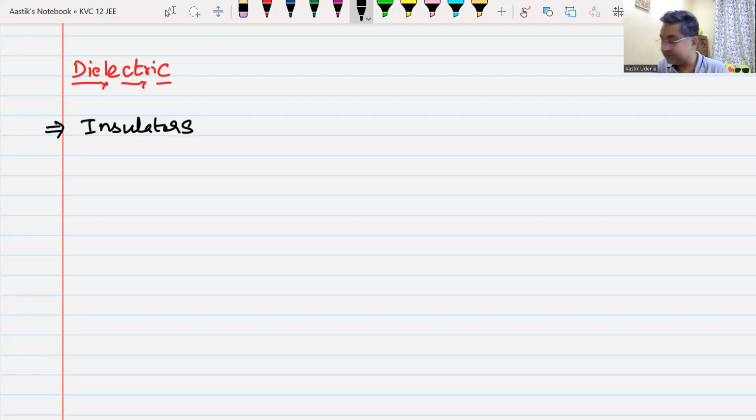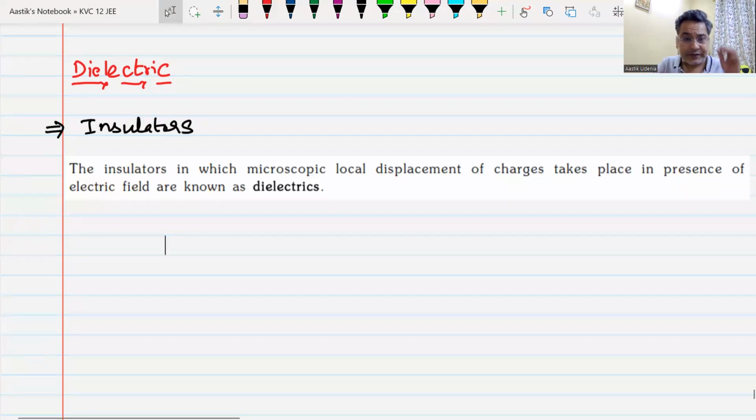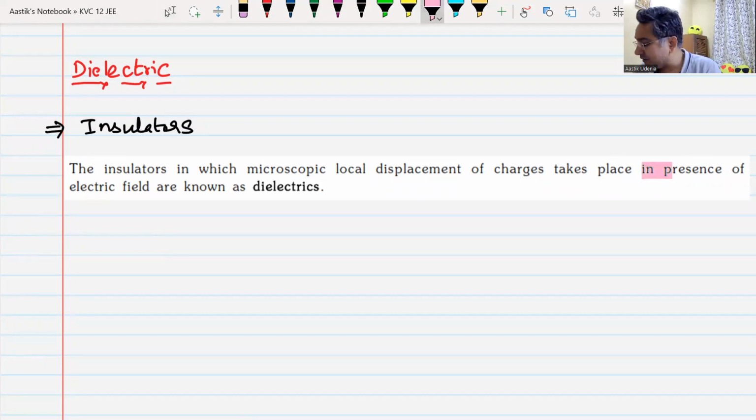So they have charges, they have electrons, and when you put these dielectrics in the presence of an electric field, there is a small local displacement or distribution of charges.